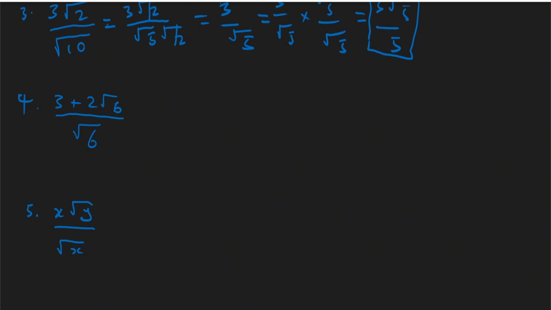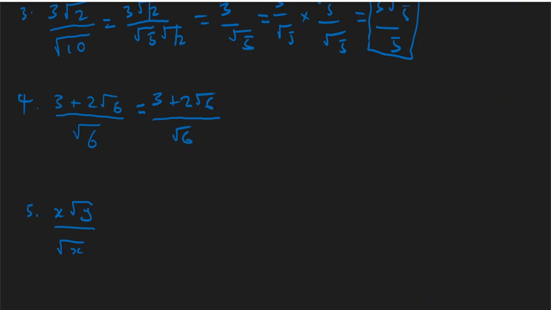Let's solve for question 4. Our denominator is a surd, which is root 6. So we have to multiply the whole fraction, the top by root 6 and the bottom by root 6. So 3 plus 2 root 6 over root 6.